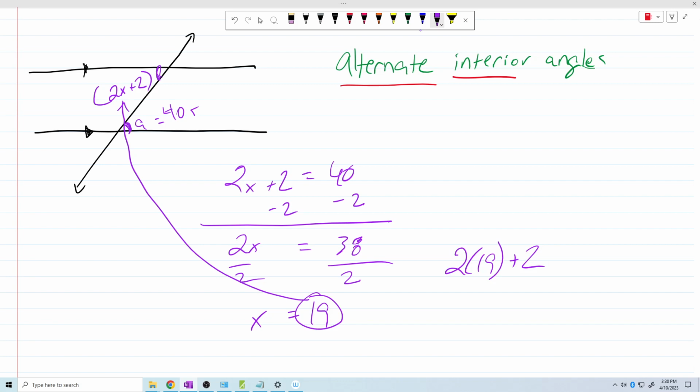Let's see, 2 times 19 is, what is that, 38, right? 38. Wait, something went off here. Let's see, minus 2, 38, 19, 19 times 2 plus 2.